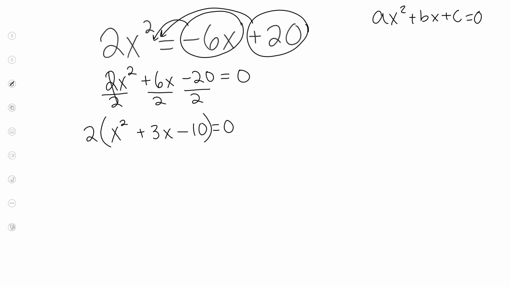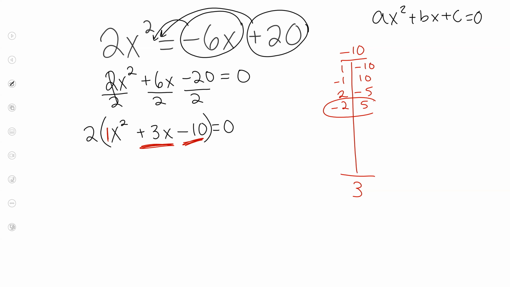Okay, now guys, my a value is just 1. So I can go straight to my eye chart. I want 2 numbers that will multiply to negative 10, but combine to give me 3. So I'm going to list them. 1 and negative 10, negative 1, positive 10, 2 and negative 5, negative 2 and positive 5.